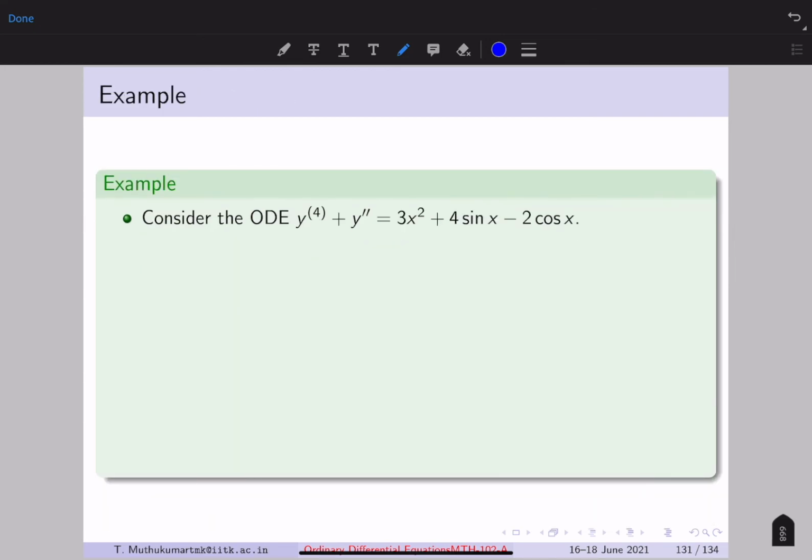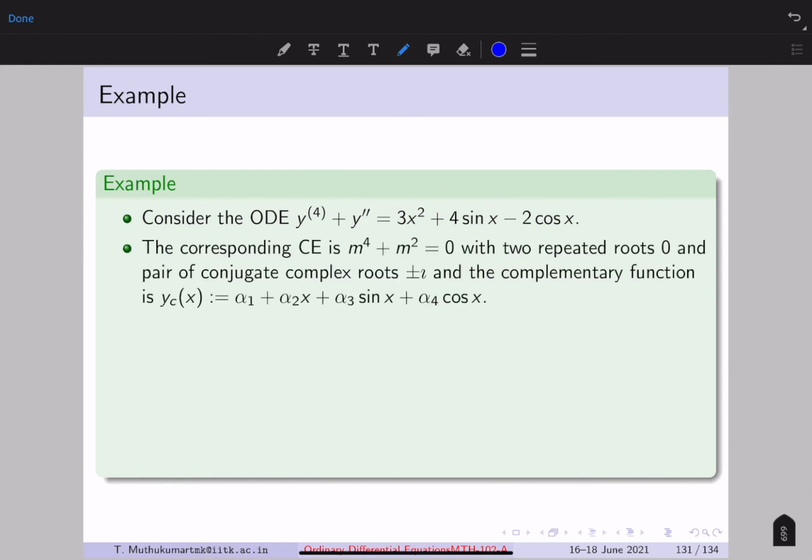You have a fourth order ODE where the right hand side is a linear combination of a polynomial and sine and cosine, right? So what you do, you look at the characteristic equation of this, which is m square times (m square plus 1), which is a fourth degree polynomial.